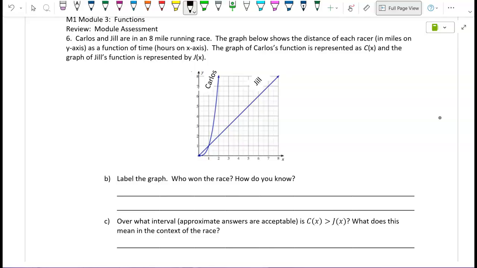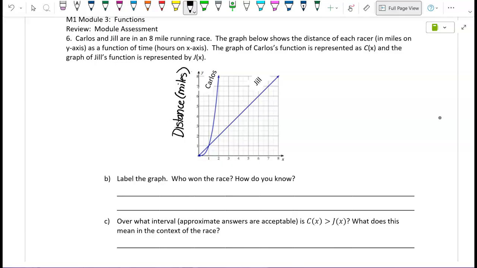So the first part of question B says label the graph. They told me my y-axis is my distance, and in parentheses I'm going to put miles because they specifically said in miles.